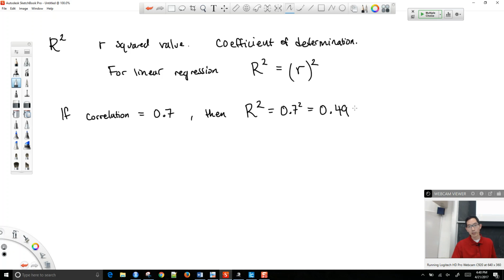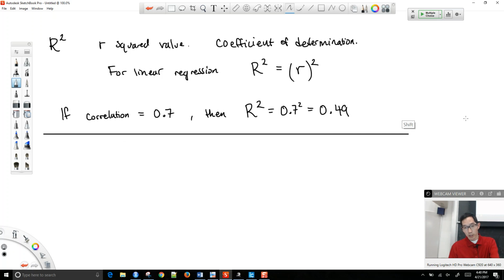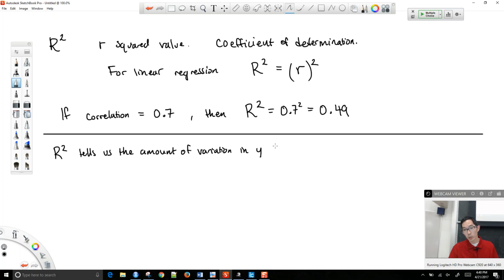The coefficient of determination, r squared, tells us the amount of variation in y that is explained by x.